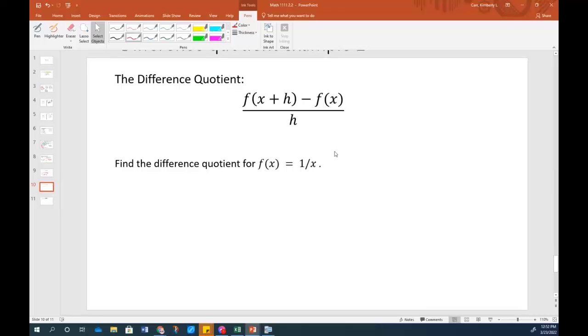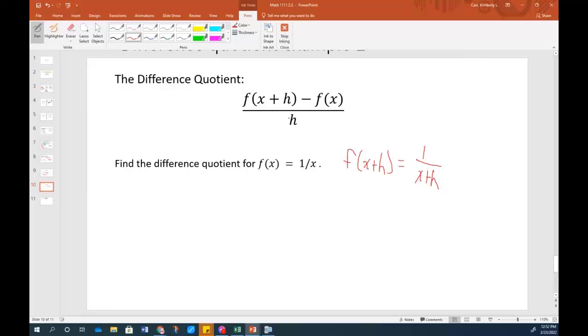Find the difference quotient. So if we're going to find the difference quotient, the first thing you want to do is just go ahead and find out what f of x plus h is, because we're going to need that. F of x plus h just means replace the x with x plus h. So since it was 1 over x, it is 1 over x plus h.